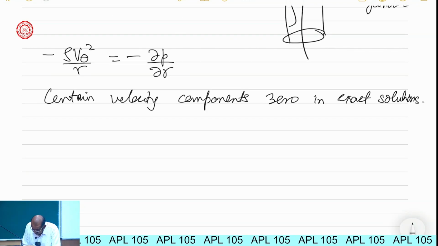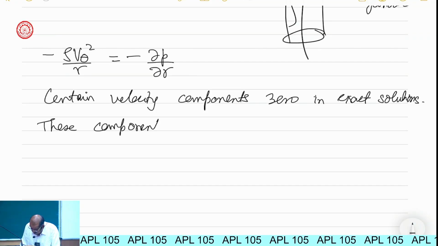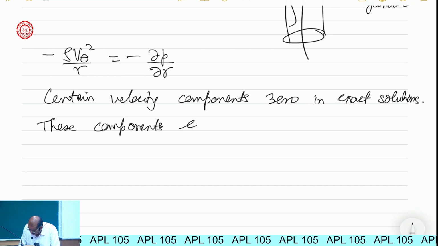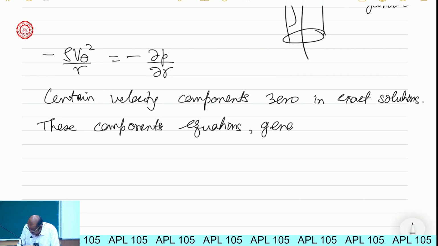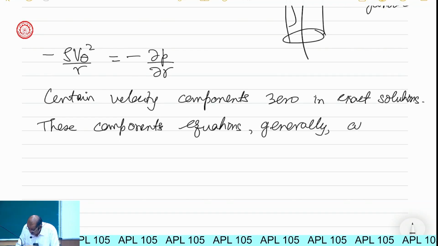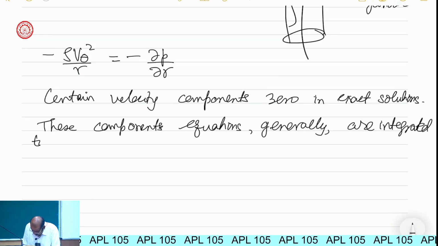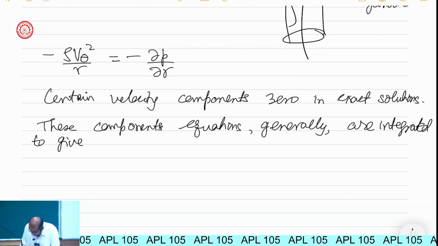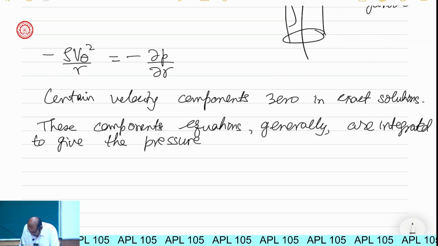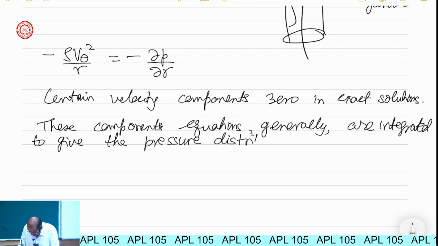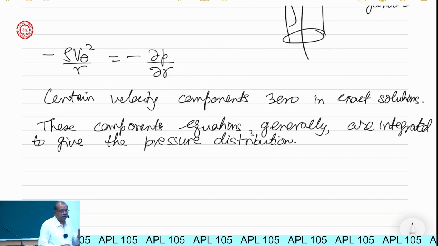So these component equations generally are integrated to give the pressure distribution.